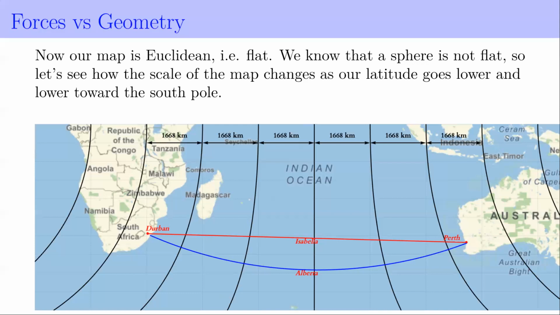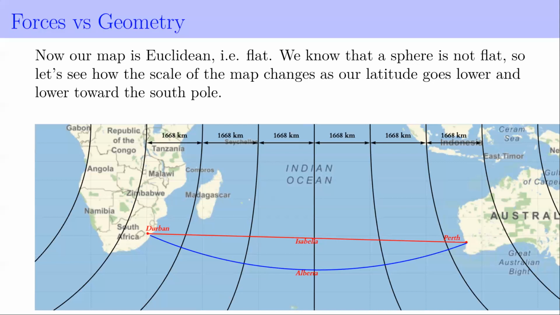So the change as you move south, with the distance being constant, is different on the map. And you'll notice that Alberta's flight plan is always orthogonal to these lines of constant separation.